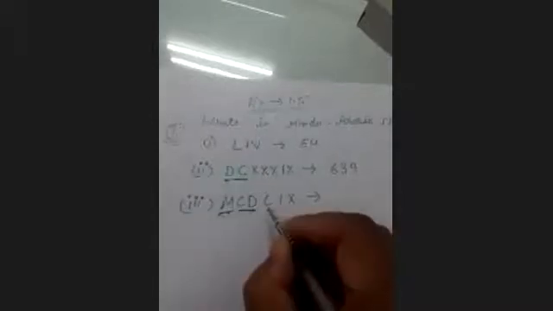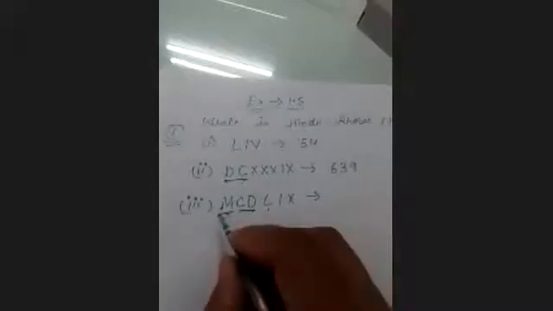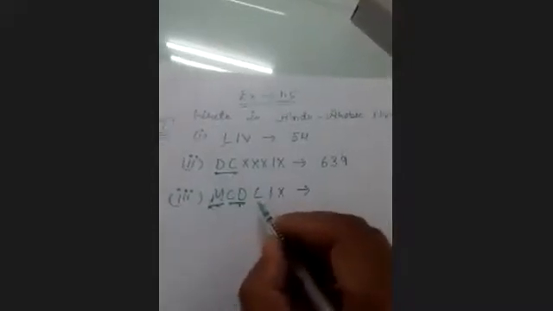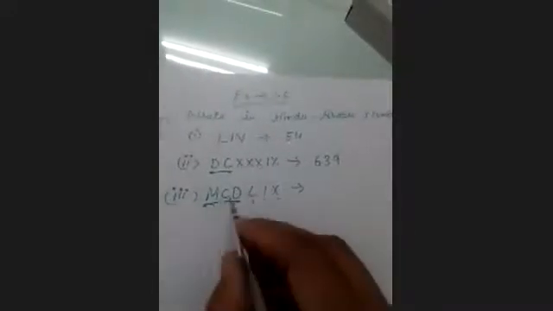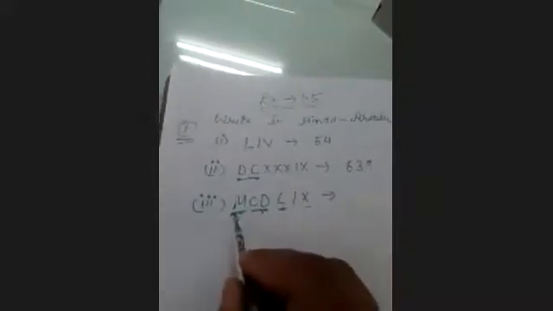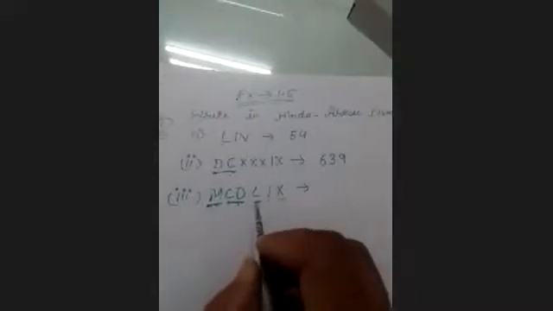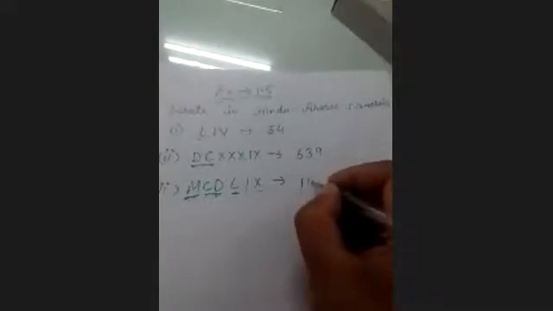L is 50, so 1450. Then IX is 9. So the number is 1459. So this is the first question of exercise 1.5.